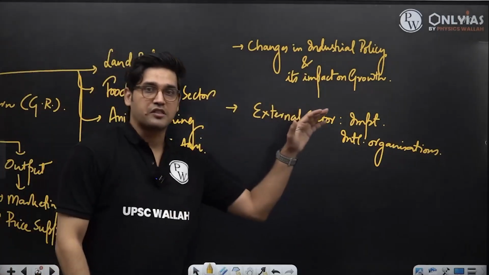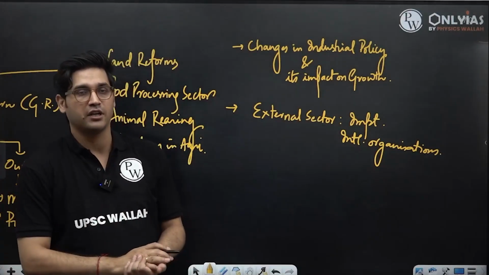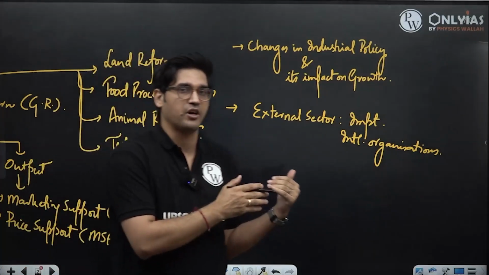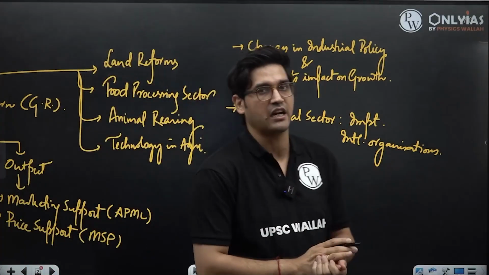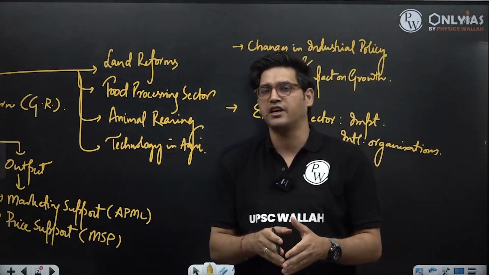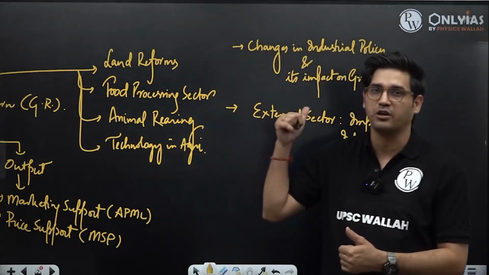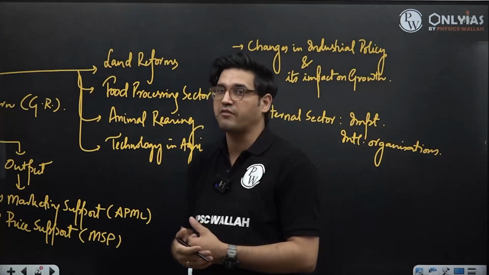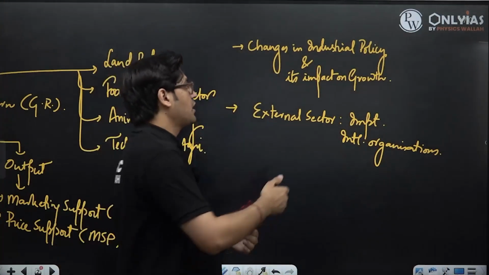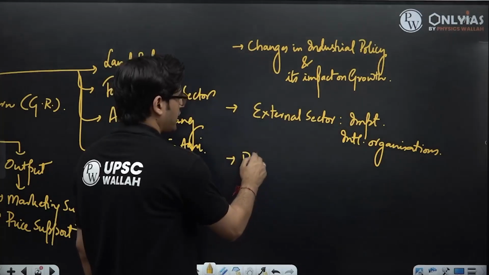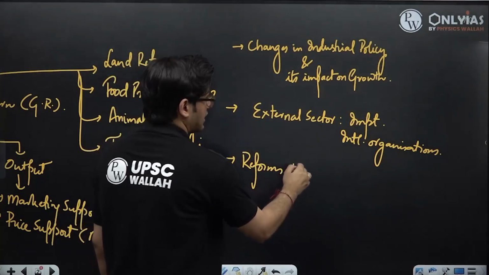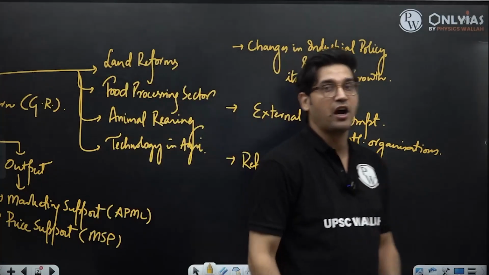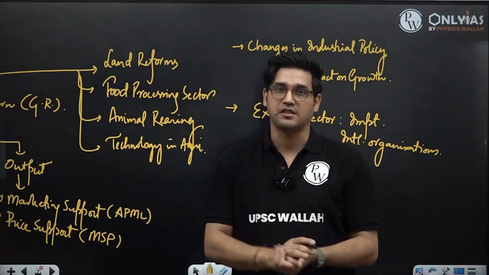Changes in industrial policy is a very, very important topic. This is going to be about India's industrial policy resolution starting from 1948 till your new industrial policy 1991, and thereafter we have had different manufacturing policies which we'll have to cover as a part of this topic. Herein, we will also discuss what is called the liberalization, privatization and globalization reforms. That means reforms of the Indian economy, more specifically the 1991 reforms, shall also have to be covered as a part of your mains syllabus itself.